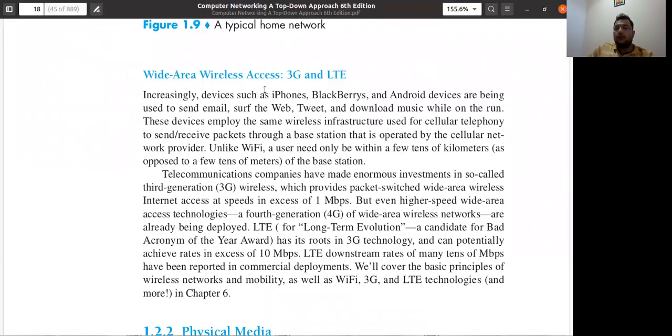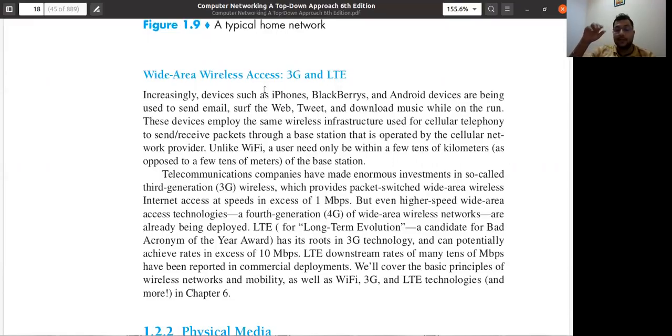In my first lecture, when we were discussing the mobile network, the mobile devices were connected to the cellular network, the cellular tower, and then the cellular tower was connected to the edge router. So how can a mobile device connect to the cellular tower?